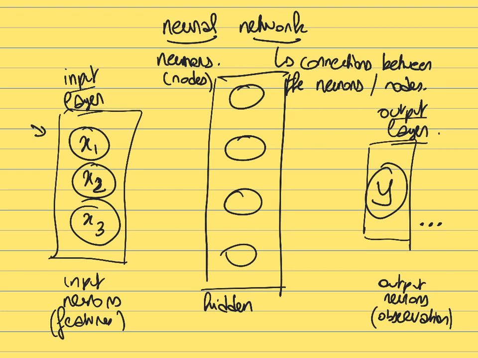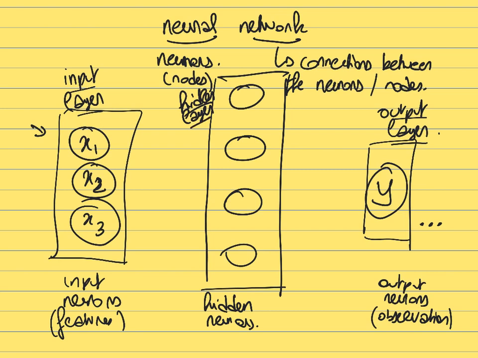Somewhere inside this black box, there will be some hidden neurons that you won't see directly. Of course, you can see those hidden neurons if you look inside the structure of the artificial neural network, but it's hidden because you don't see it when you provide the initial values for the features, and you don't see it when the model gives you the output. It's something that is inside the network. So this is what is going to be called the hidden layer.